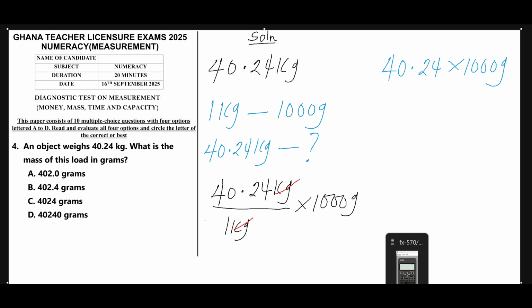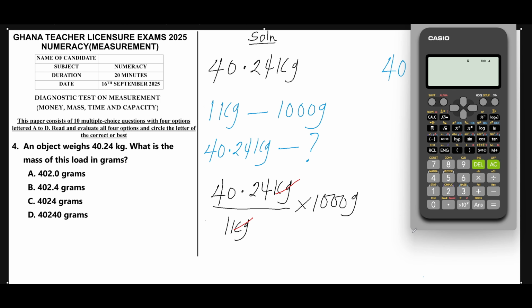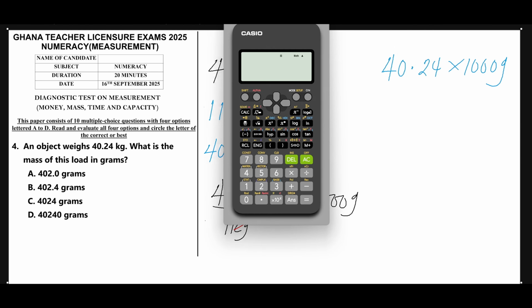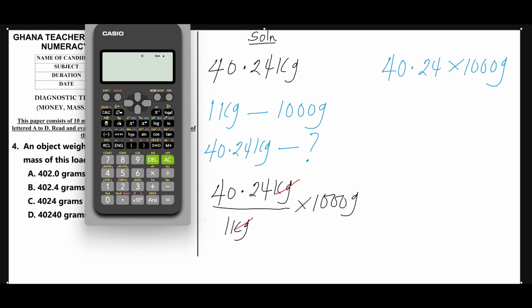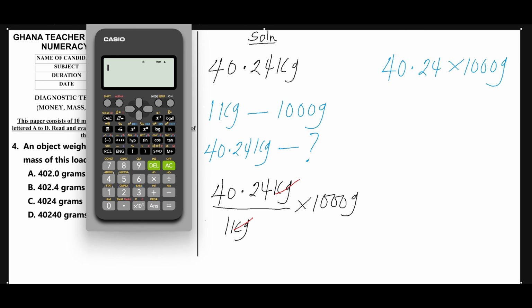Let's see our final result. 40.24 multiplying 1,000 grams gives 40,240.